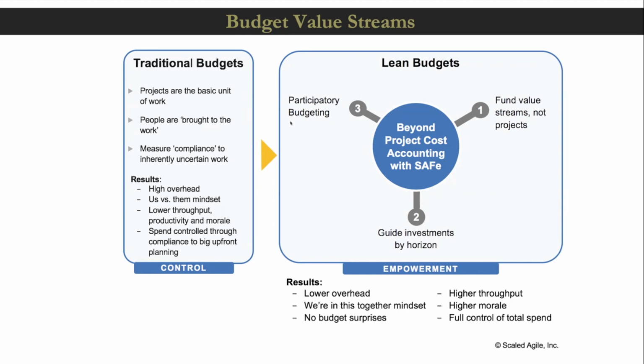So if you start funding value streams, you have a much more objective view into how your money is being spent, given the principles of Agile, structured around transparency and creating a safe environment so that folks don't feel insecure about their work, and also creating Agile teams that are cross-functional and self-organizing.